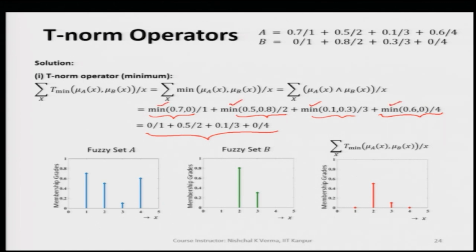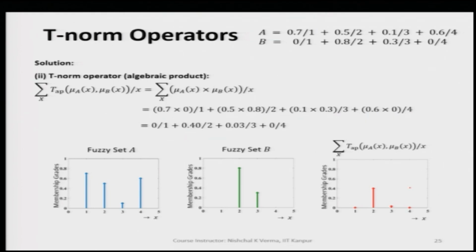When we show it as a fuzzy set, we can see that these values are plotted here, and we get the minimum T norm of these two discrete fuzzy sets as shown here.